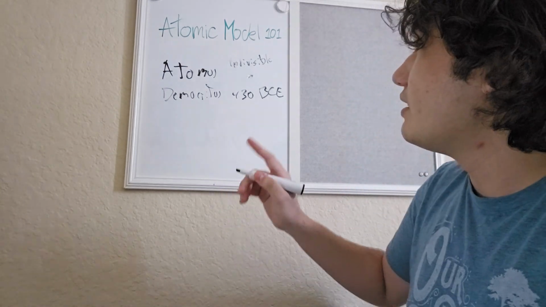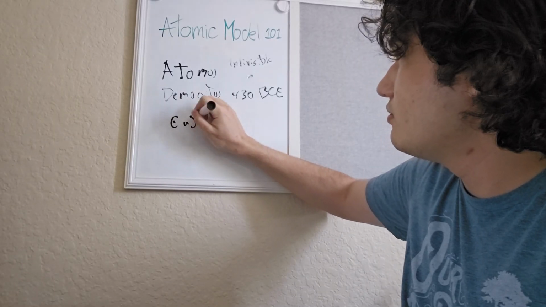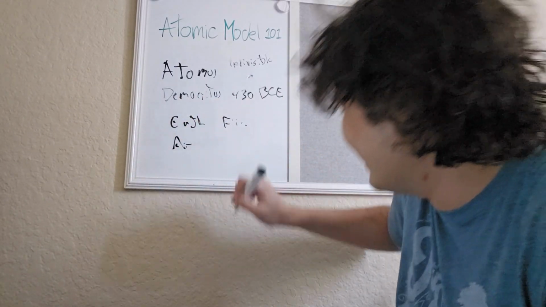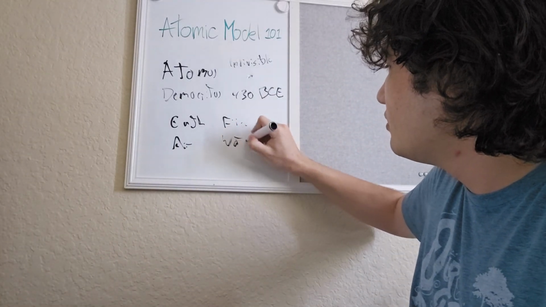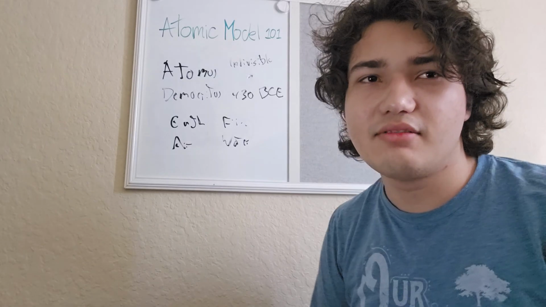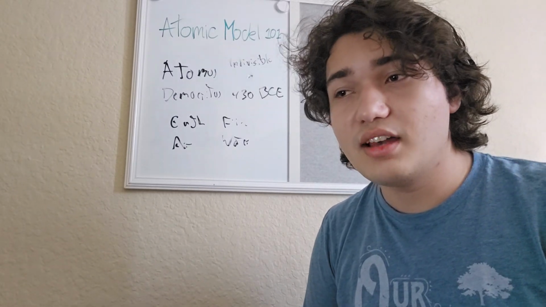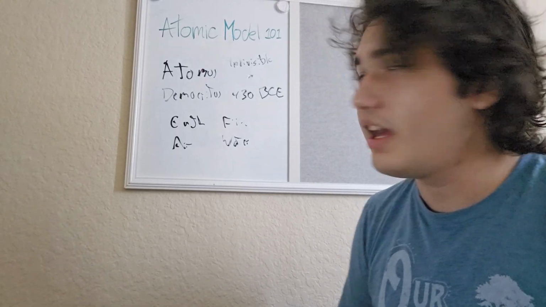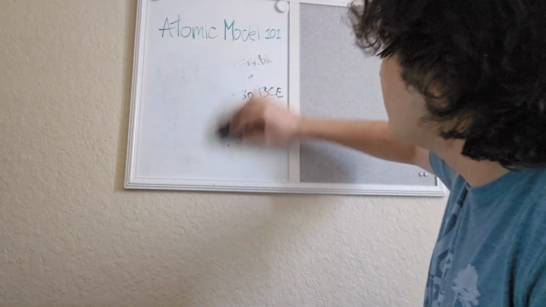And he believed that atoms were made out of the four elements, those being earth, fire, air, and water. Now, of course, his idea was largely ignored at the time, and it wouldn't be until over 2,000 years later that his idea would ever come into conception.